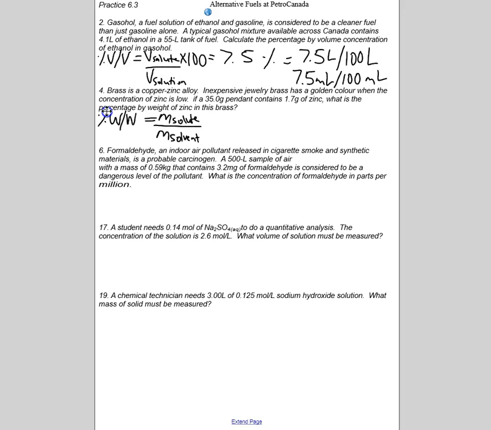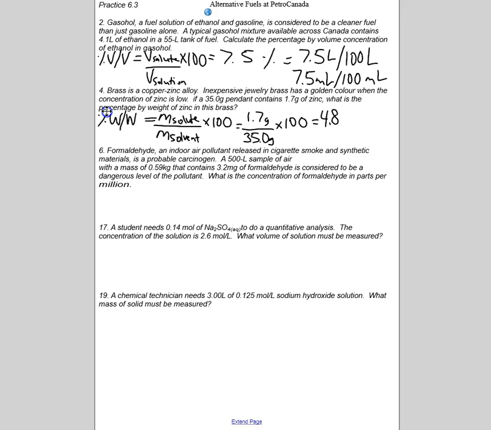So we have a 35.0 gram pendant, so that would be our solvent or alloy mass. We have 1.7 grams of that is zinc. Multiply that by 100, and then when we get our answer there, it's 4.8%. So 4.8 has been converted into percent.